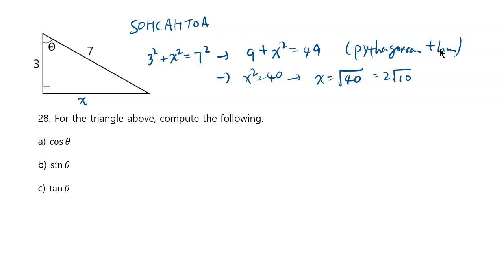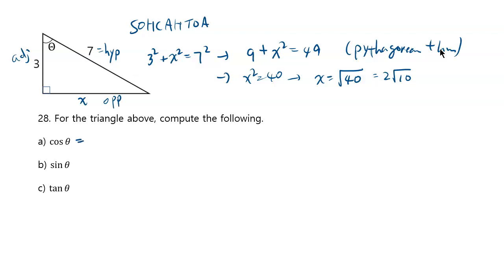Now, the side opposite of the 90 degrees is called the hypotenuse, so this is really the hypotenuse. And once you choose an angle, the leg that is right next to it is called the adjacent, and this one is called the opposite, because it's opposite of the angle.